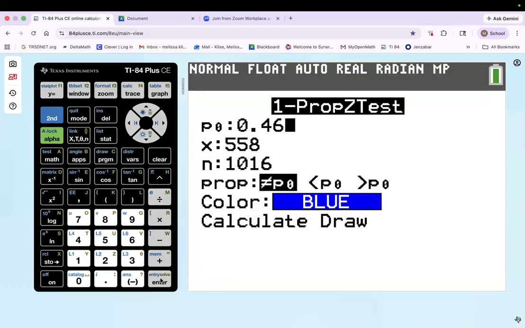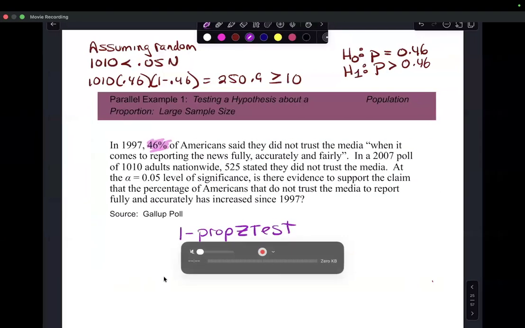Go down here. There are 525 that were our successes. Our sample size was 1010. Now, this is the most confusing part. Notice that over here, the arrow is pointing to 0.46 on my greater than symbol.